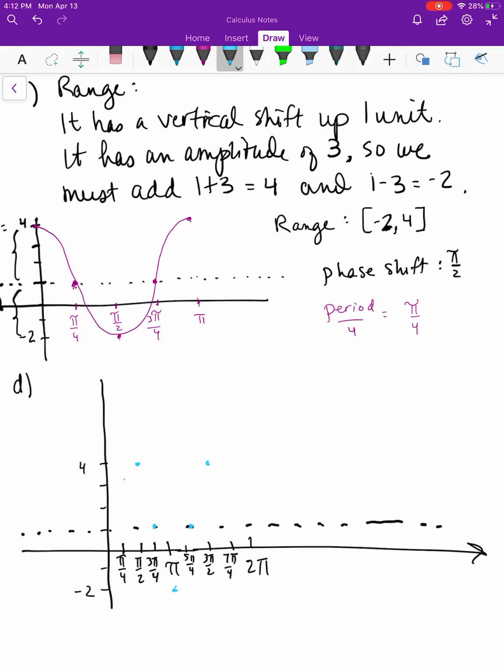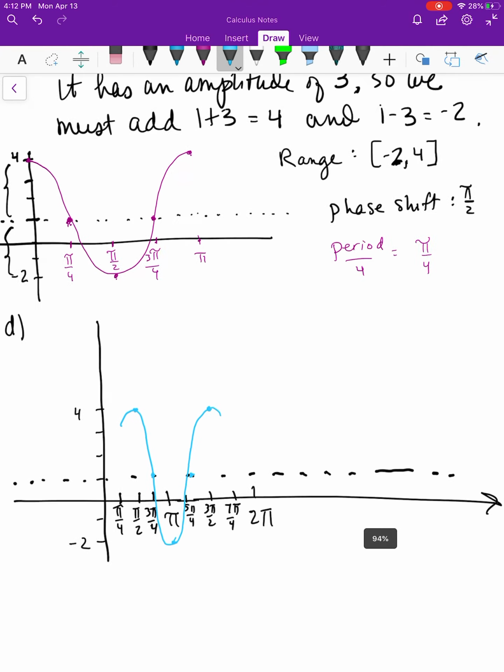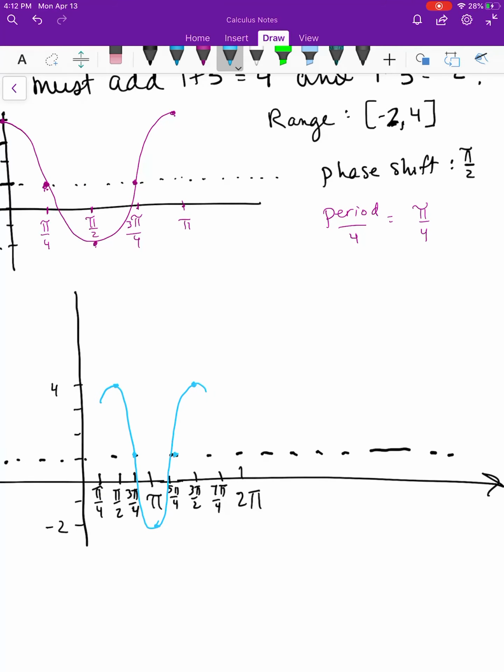And then finally, highest point again, another fourth later. And you could keep going if you wanted to. I just wanted to show you at least one cycle.